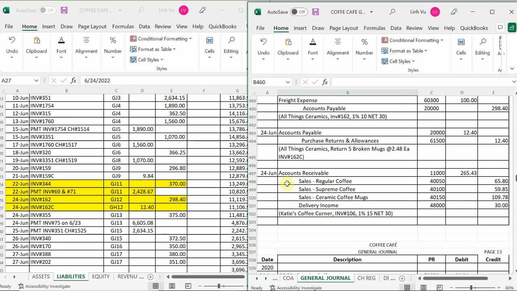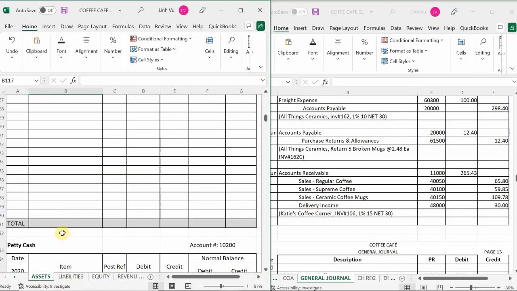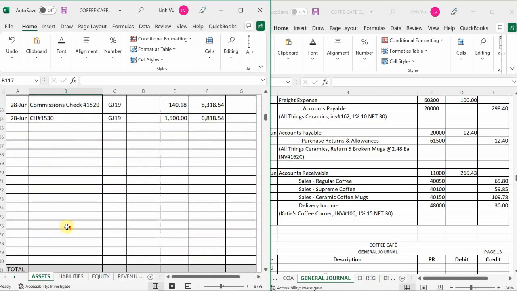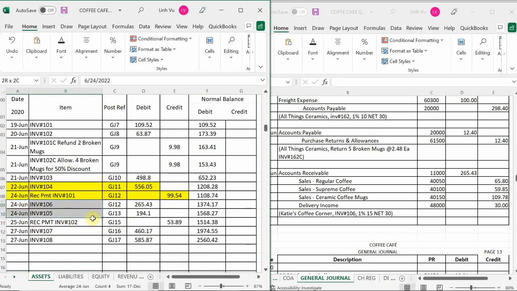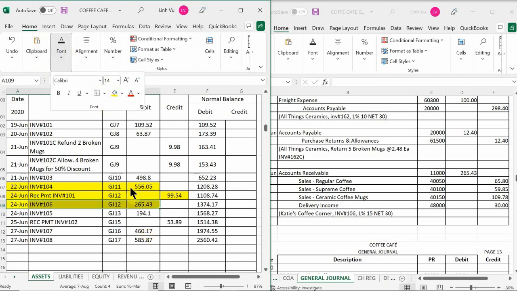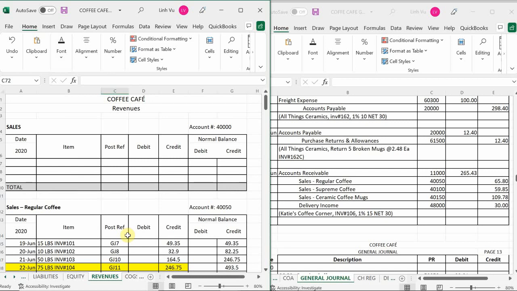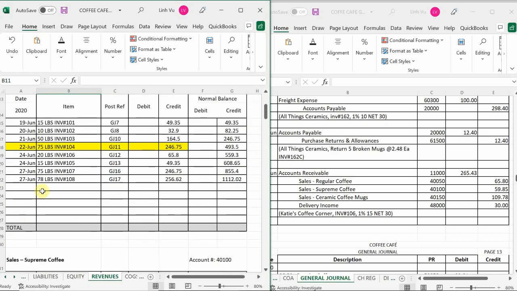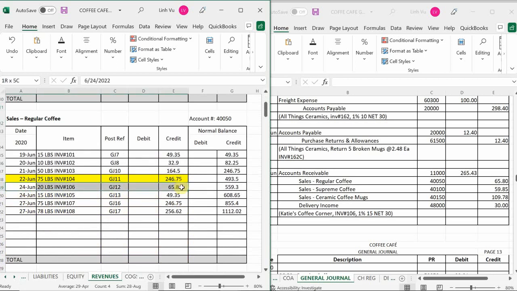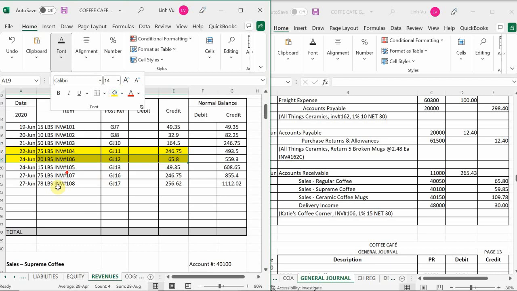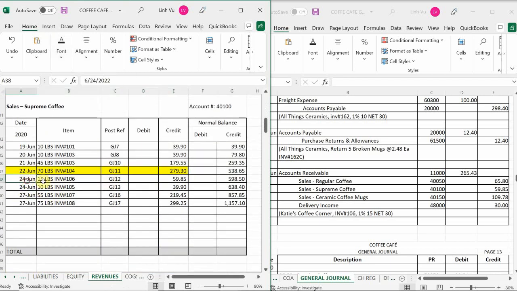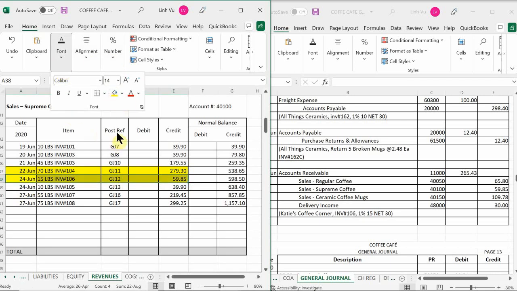Then I got accounts receivable for $265. Okay. $65.59. $109.30.